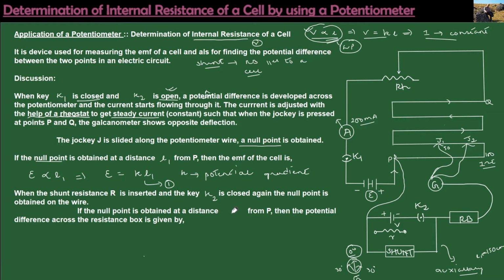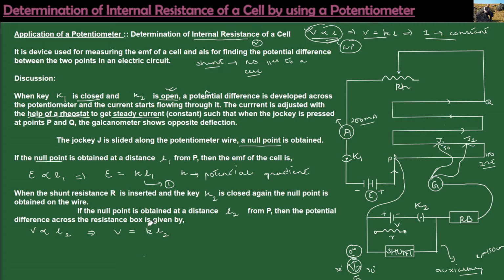Then the distance or the balance length will be different. So in this case, if the null point is obtained, say at this distance J2, which I will write as L2, from this point P, then the potential difference across the resistance box is given by V. This will be directly proportional to L2, so V will be equal to K into L2.